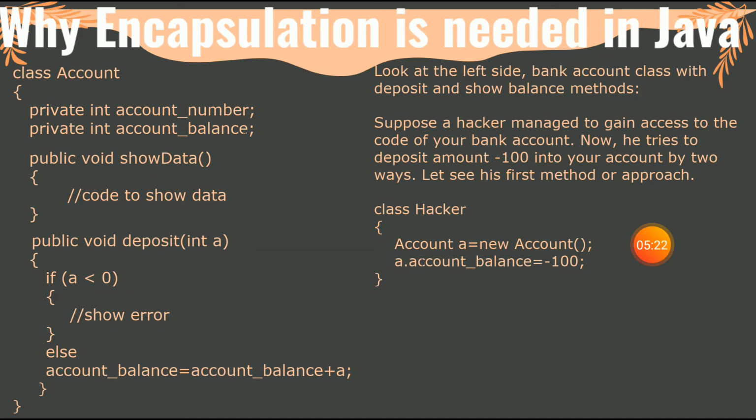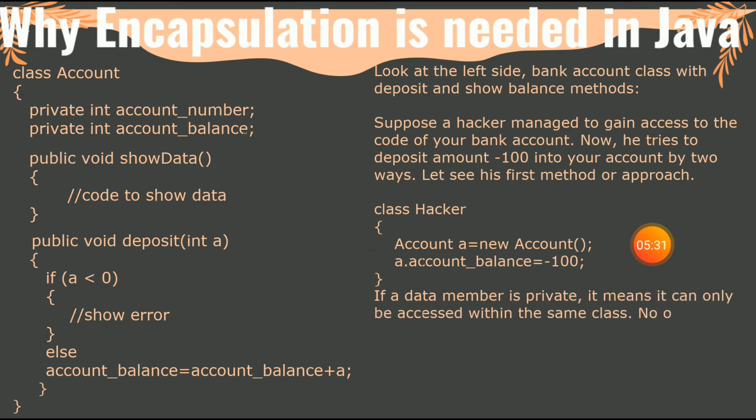Is it possible? No, because the data member is private. It means it can only be accessed within the same class. No outside class can access a private data member or variable of another class. So the hacker will not be able to access this class Account's data because the data members are private.